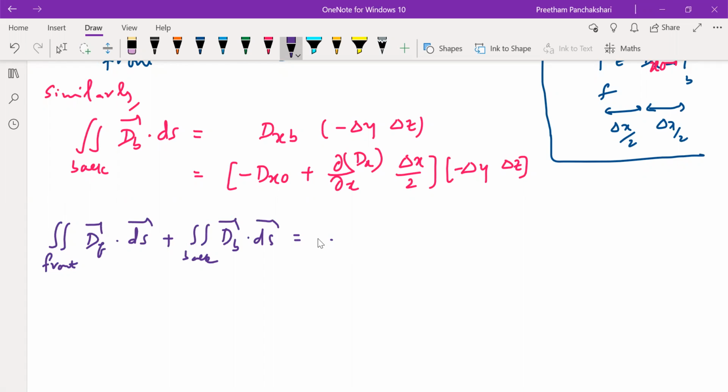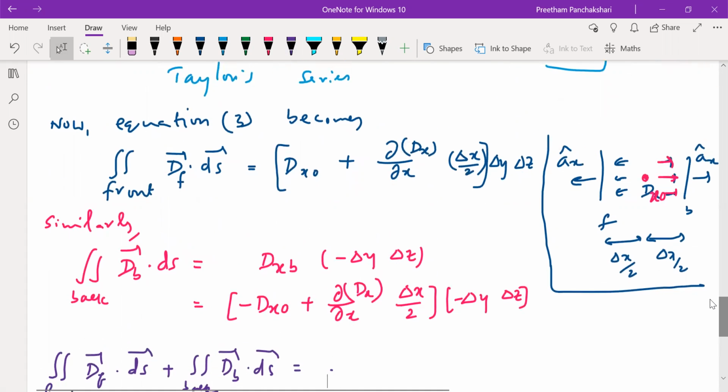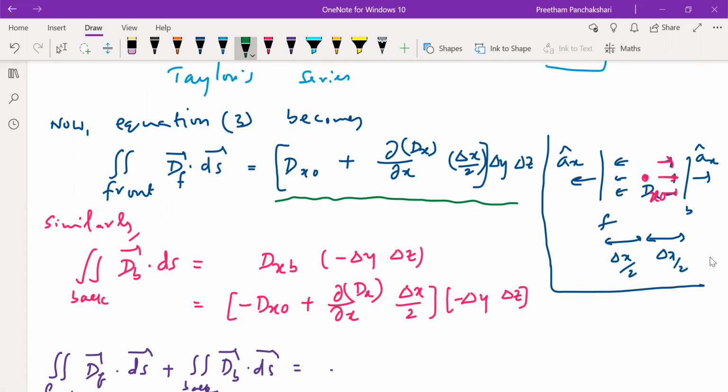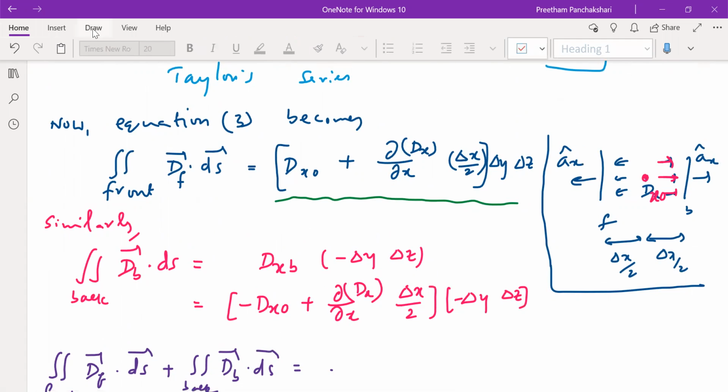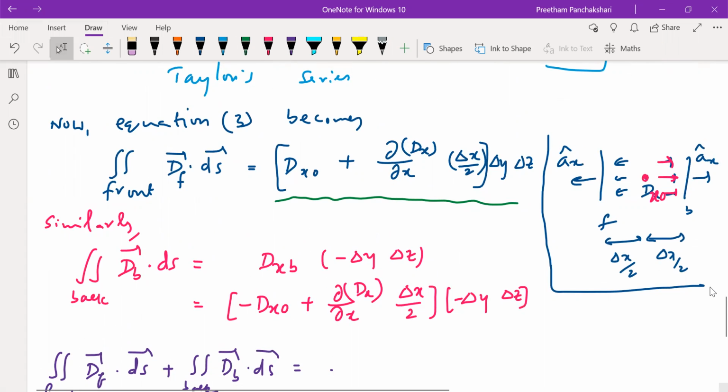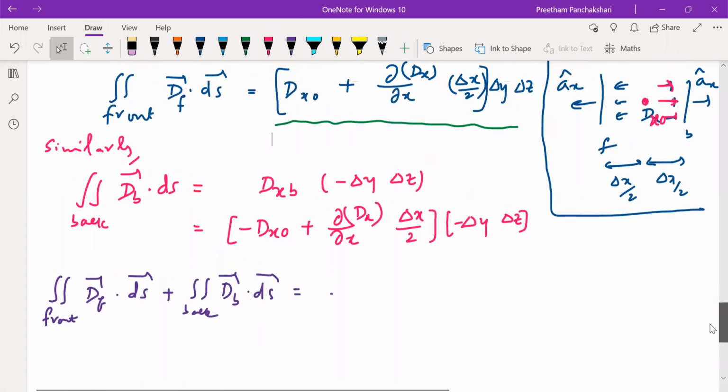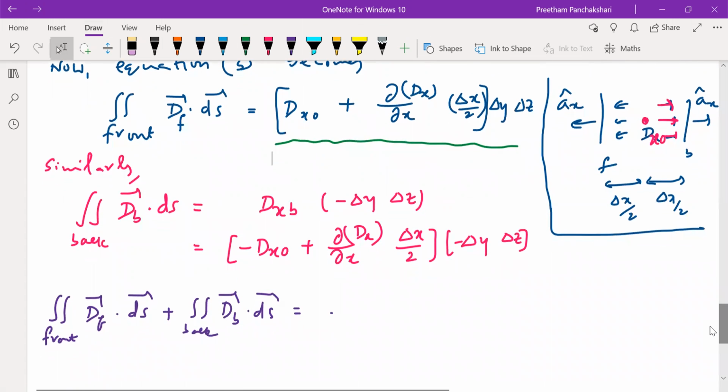Therefore, whatever value we consider in the front face and back face, let us look into that equation. Let us go back and find out what we got for the front face here. Look at this equation. And we'll copy over this one too. Main equation. Yeah, both are available here.